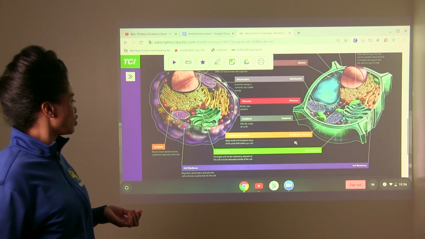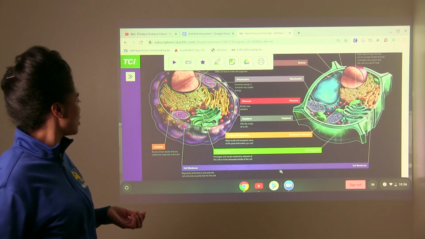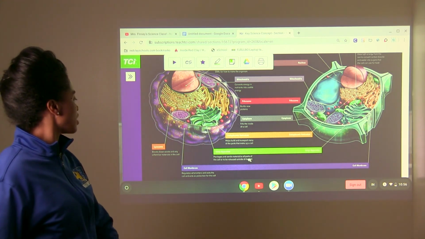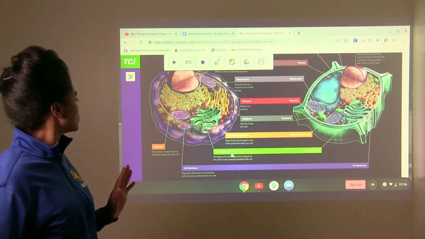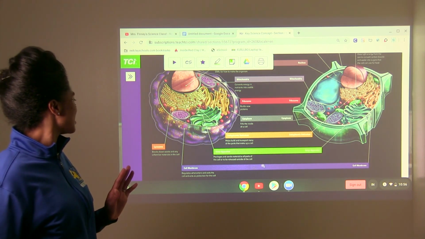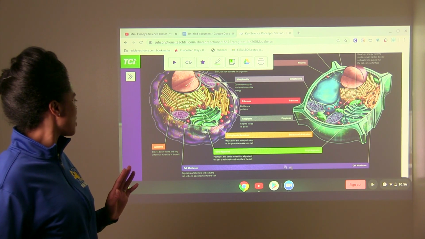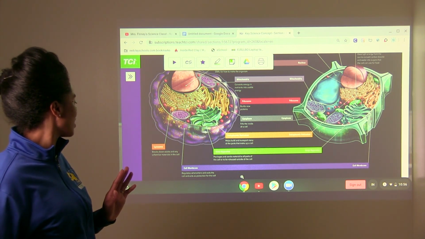Okay, we also have the Golgi Apparatus. Check it out. Packages and sends material to all parts of the cell or to be released outside of the cell. Shout out to the Golgi Apparatus. All right, and then check this out. Okay, we have the cell membrane right here.